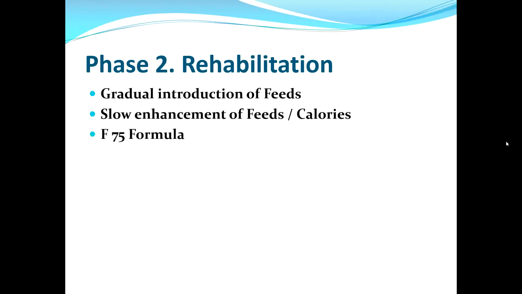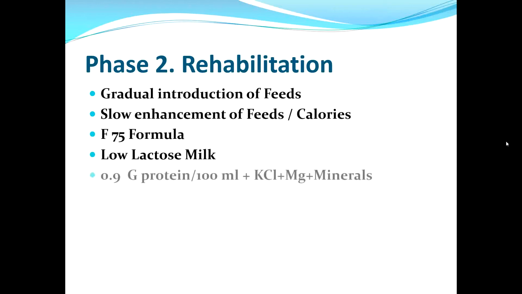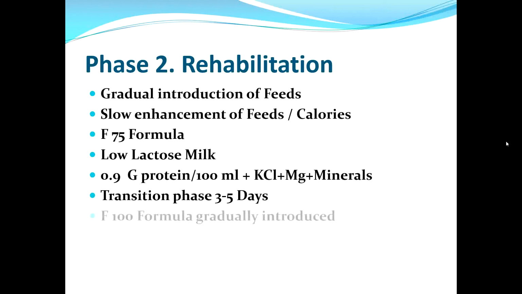We start with F75 formula, which is low lactose milk, and this does provide 0.9 gram protein per 100 ml with KCl, with magnesium and minerals. In the transition phase, 3 to 5 days, and then gradually we introduce another formula called F100 formula, because that gives 100 calories per 100 ml.